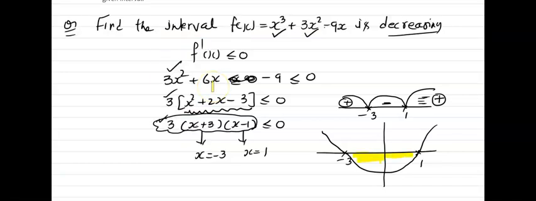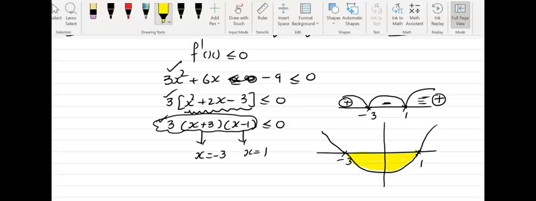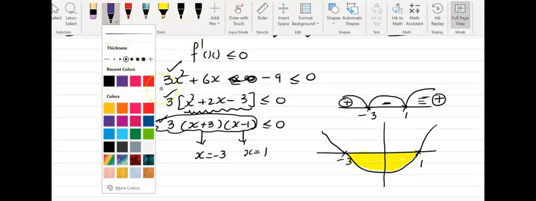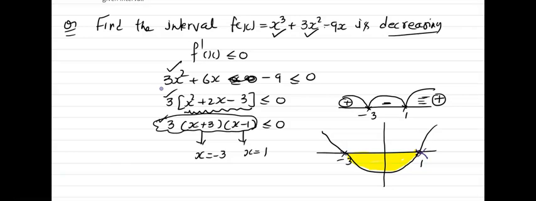So negative is only this yellow region, isn't it? Yeah, negative is only this region. These values are 1 and minus 3, and it is less than 0. So for which values is this less than 0? When x is between minus 3 and 1, right?